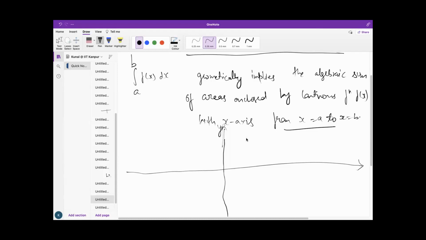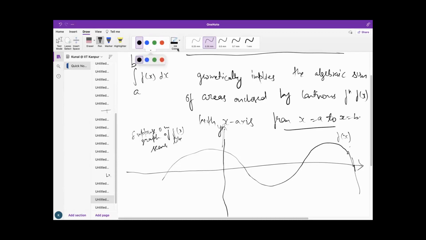Let us suppose that the graph of f(x) seems like this. Suppose our graph of f(x) looks like this. So we have a certain area.